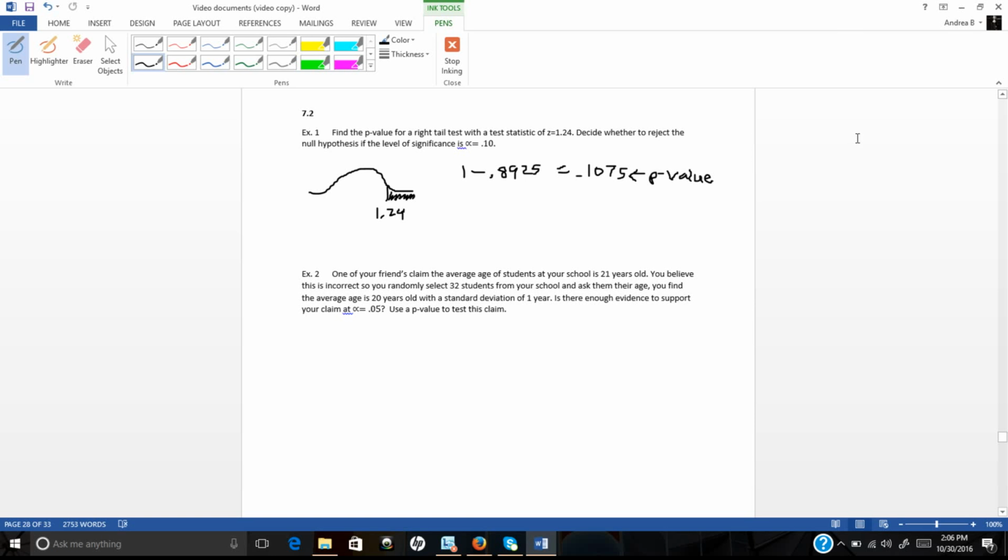Then if you look in the book there, if your p-value is less than alpha, then you reject the null hypothesis. But in this case, this p-value is greater than our alpha. So since it's greater here, that means that we fail to reject the null hypothesis.